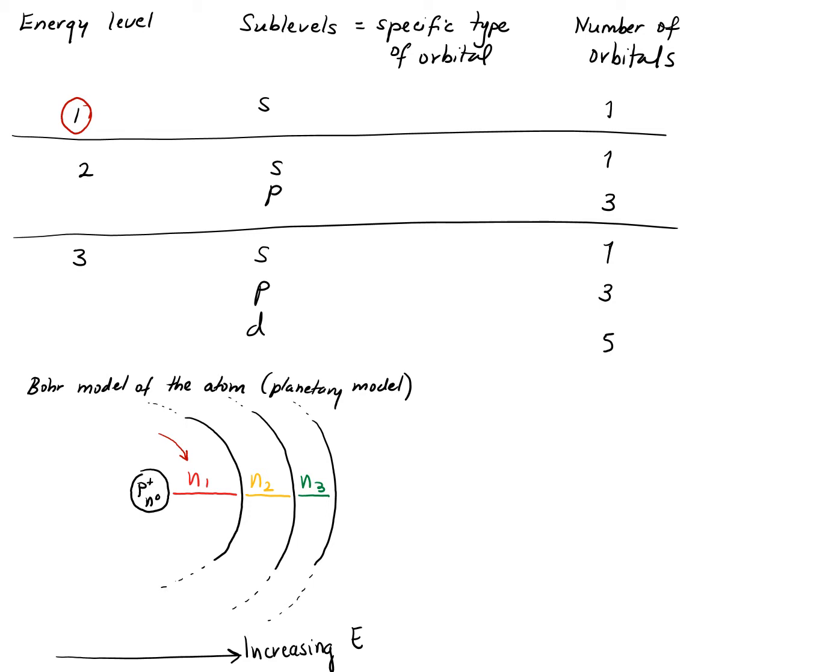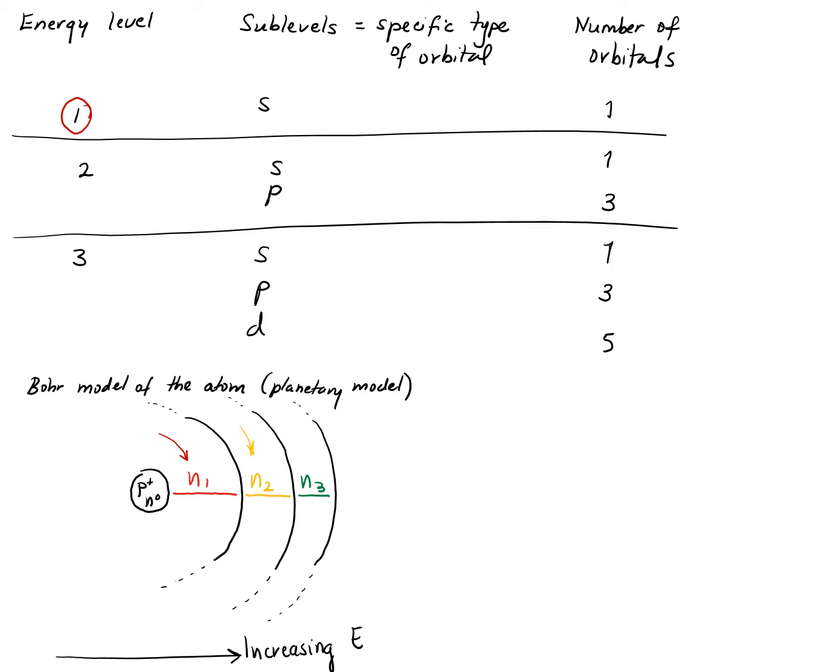That type of orbital is an s orbital. Whenever we have an s orbital, we have only one of them. So in the first energy level, the one that is closer to the nucleus, we have one s orbital. It's just one.